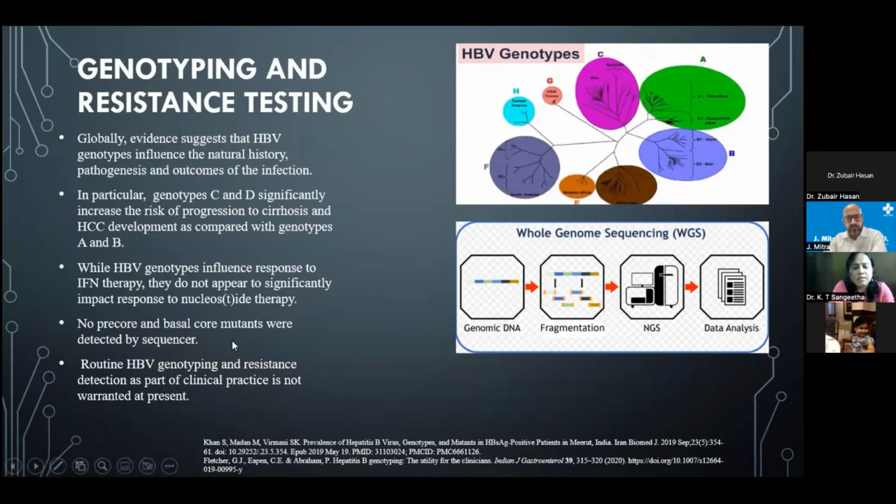In some studies conducted in India in 2019, pre-core or basal core mutants were not detected. Thus, routine HBV genotyping and resistance detection as part of clinical practice is not yet warranted.